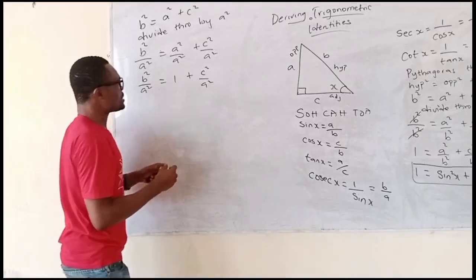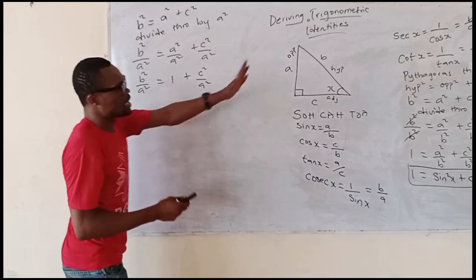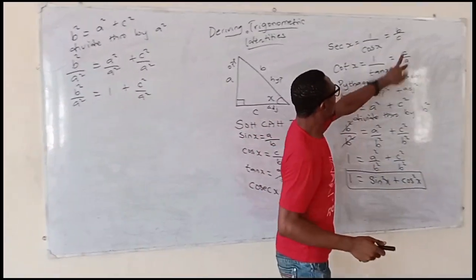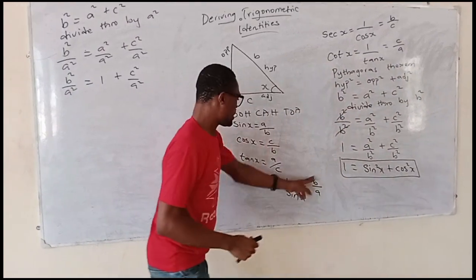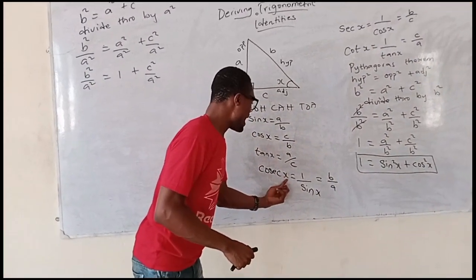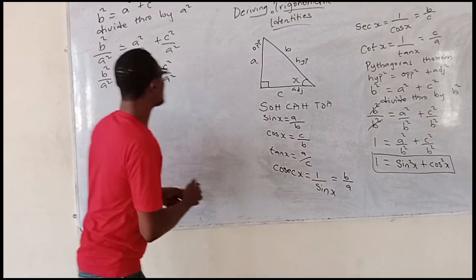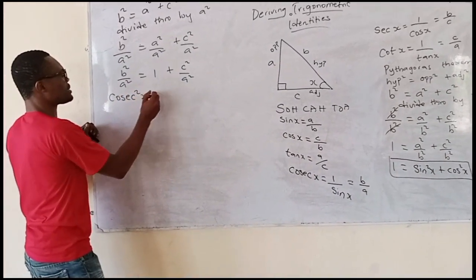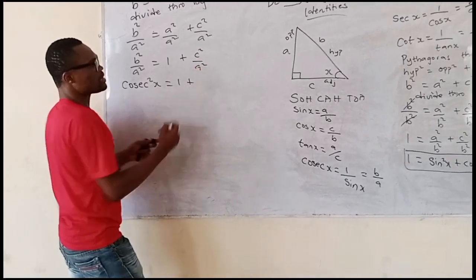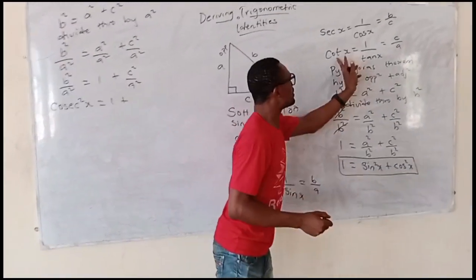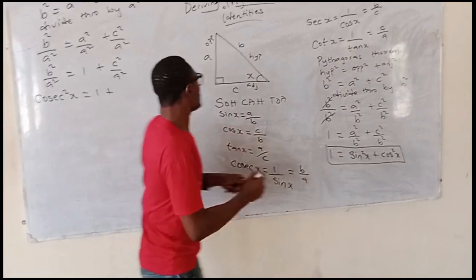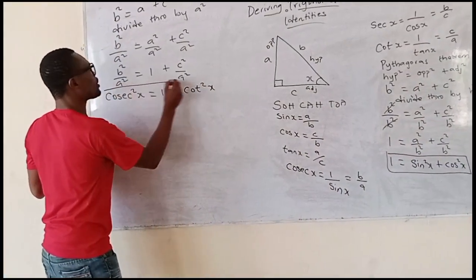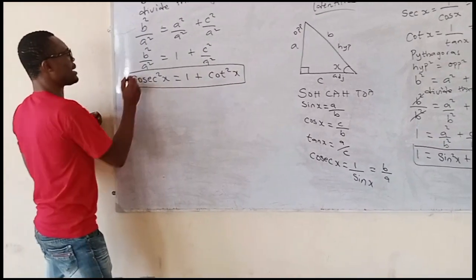What is B over A? I check my trig ratios: B over A is cosec x. Because of the square, this becomes cosec squared x equal to 1 plus C over A squared. Where do I have C over A? Cot x, C over A. So this is cot squared x. This is another trigonometric identity.